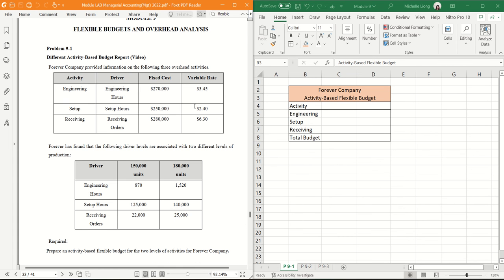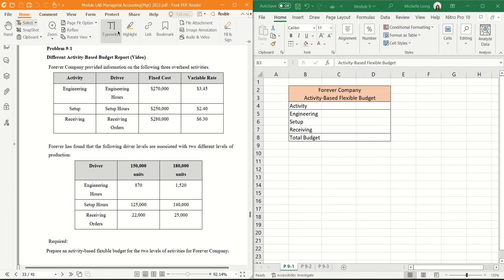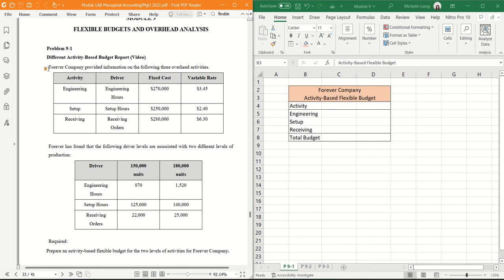In this problem 9.1, we have an activity-based budget report. For every company, they provided information on the following three overhead activities, which are engineering, setup, and receiving. With the driver, engineering is engineering hours, setup is setup hours, and receiving is receiving orders, with the fixed cost and also variable rate.